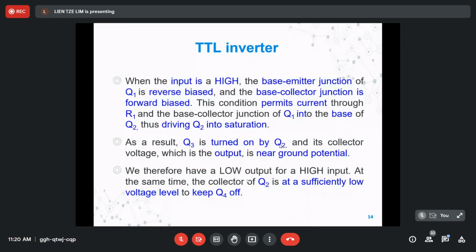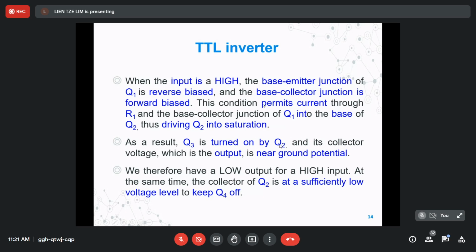To discuss the operation of the TTL inverter circuit, we consider the input as high and low. Now I will discuss the operation of this circuit when the input is high. When the input is high, the base-emitter junction of Q1 is reverse biased, and the base-collector junction is forward biased.